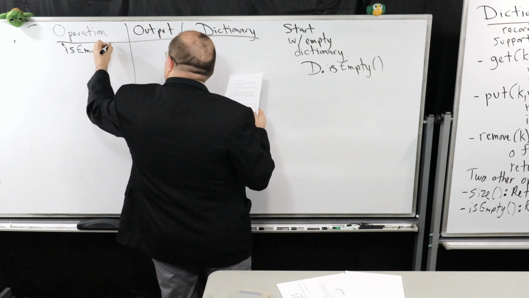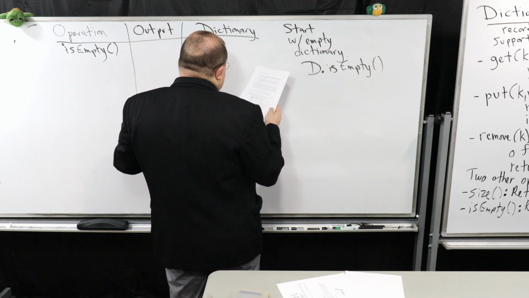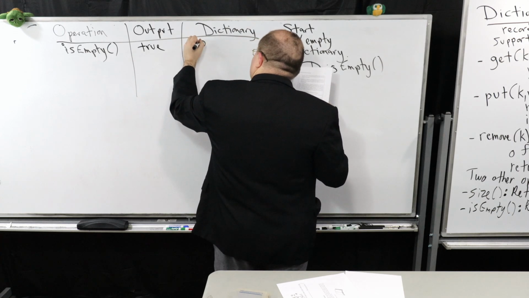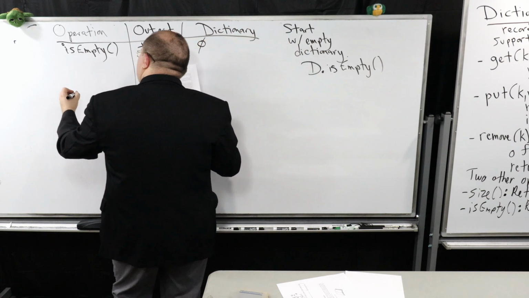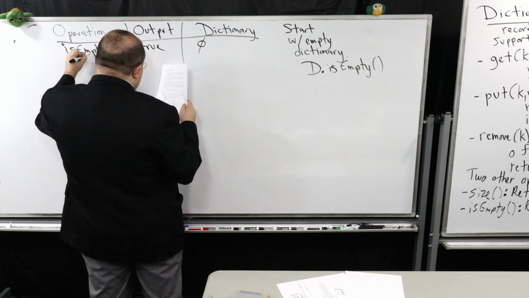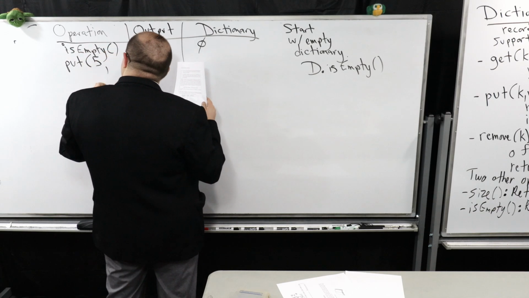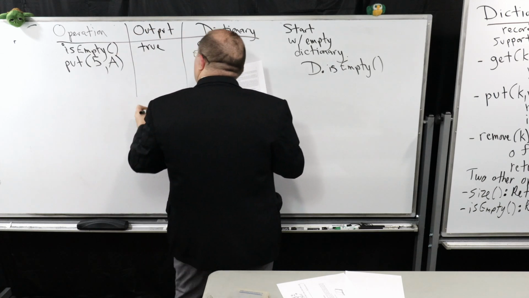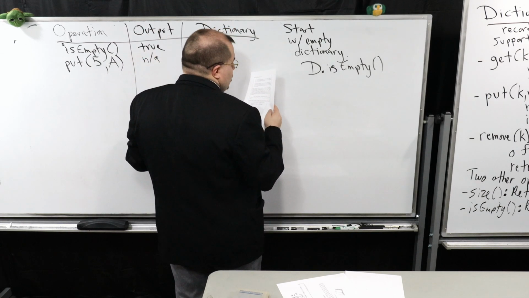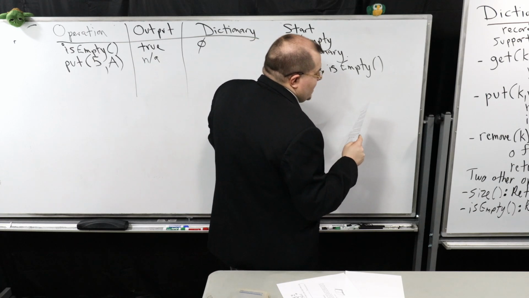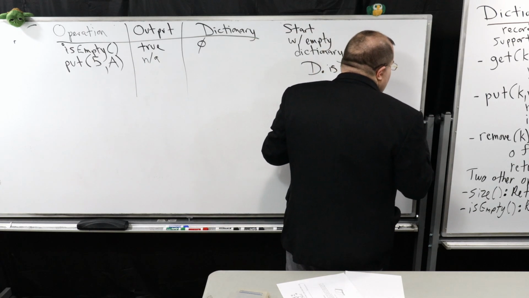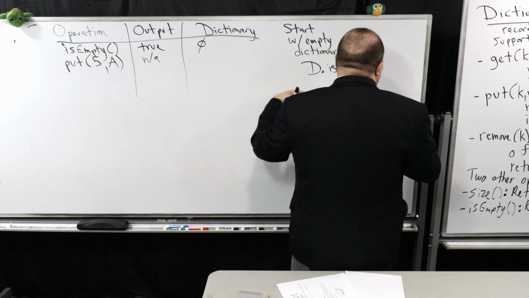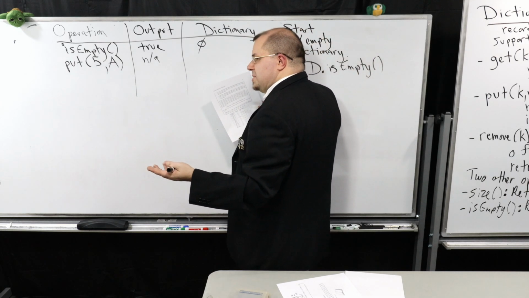So if I call isEmpty on my dictionary, in this case it'll be true because the dictionary is empty. Now suppose I wanted to put in a record with key 5 and its data is A. Now put doesn't return in this sense because notice that I don't have any records right now, so it's not going to return anything in terms of an error or anything.